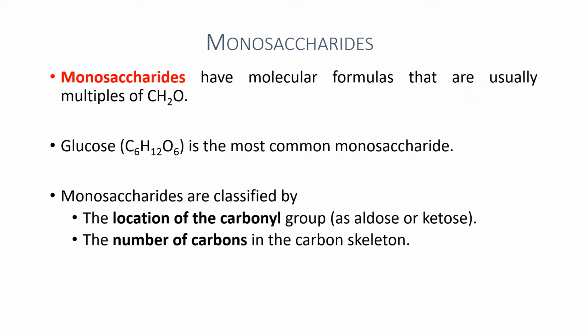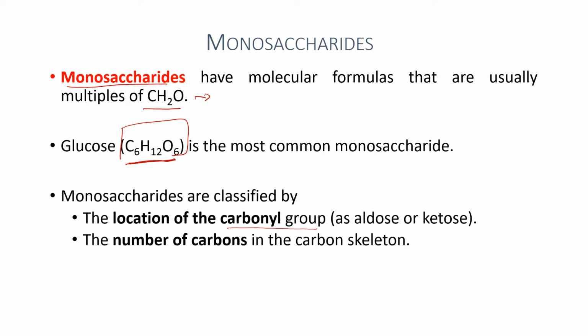Okay, so we are going to look at the first one, which is the monosaccharides. Monosaccharides have molecular formulas that are usually multiples of CH2O. For example, the molecular formula for glucose is C6H12O6. Okay, so that is the most common monosaccharide, and everybody knows the molecular formula for glucose. And then the monosaccharides are classified based on the position of the carbonyl group.